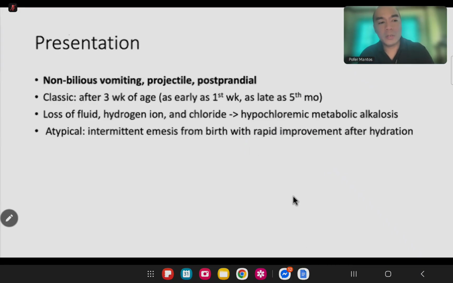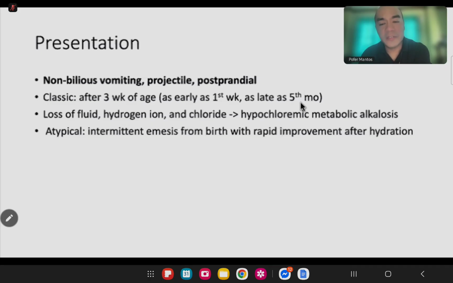For presentation, it should always be non-bilious vomiting since the obstruction is at the pylorus, and it should be projectile, and usually postprandial. Presentation is usually after 3 weeks of age, but it can occur as late as the 5th month of age.